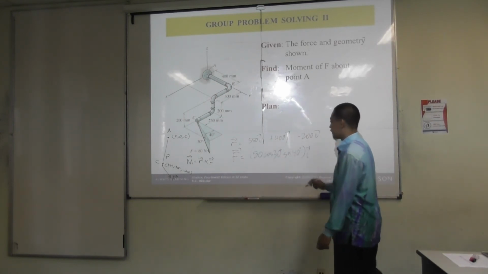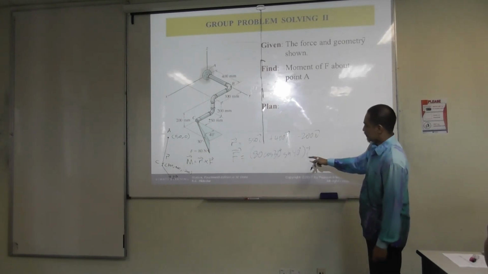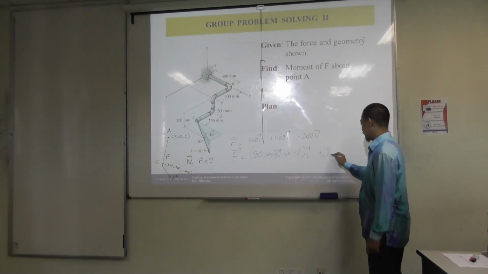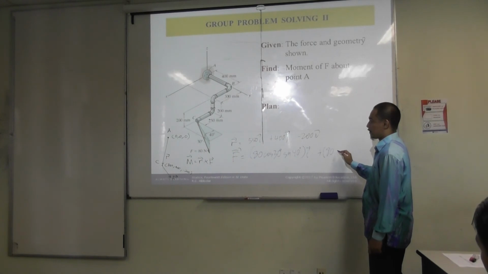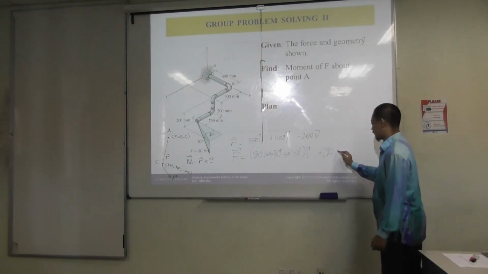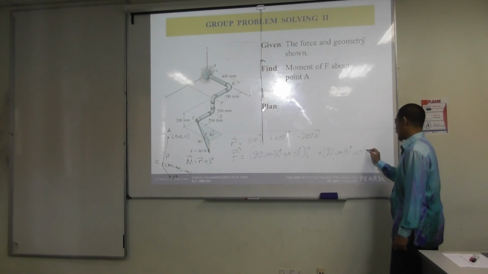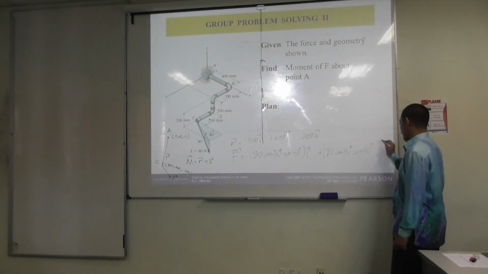Alright. And then for j, this is positive, right? Then positive 80. If you use the first time, you get cos 30, cos 50, cos 40, j, right?